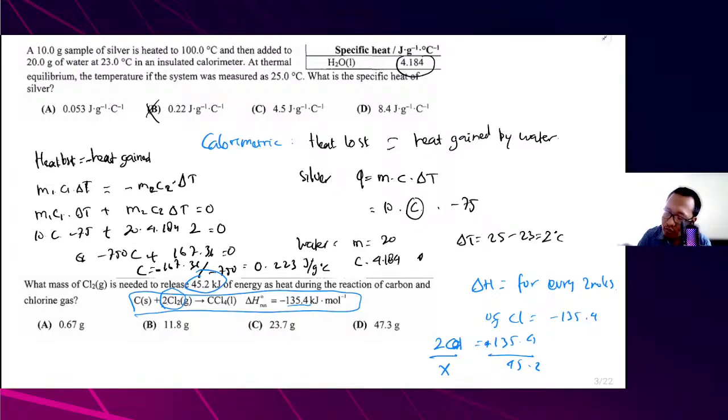We can ignore the sign first. Based on this information, we get x times 135.4 equals 45.2 times 2. So 45.2 times 2 divided by 135.4. The answer would be 0.667, so the answer would be A.